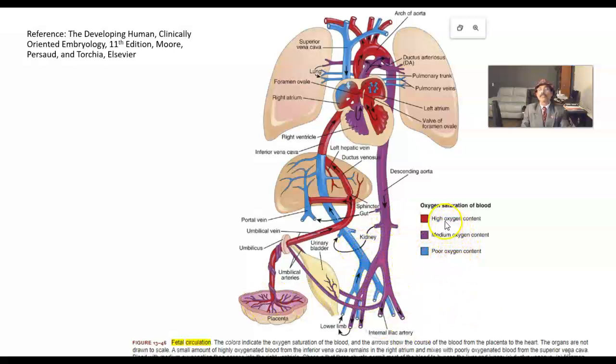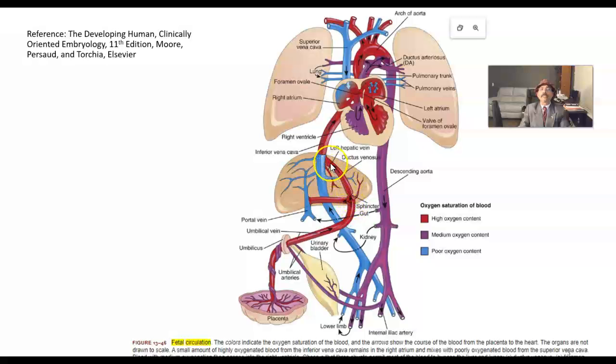So who has the highest oxygen content? It is the umbilical vein, not the artery. Medium oxygen content is in the descending aorta and the umbilical arteries. Poor oxygen content is in the inferior vena cava up to this level.